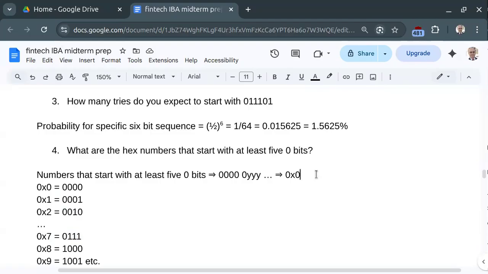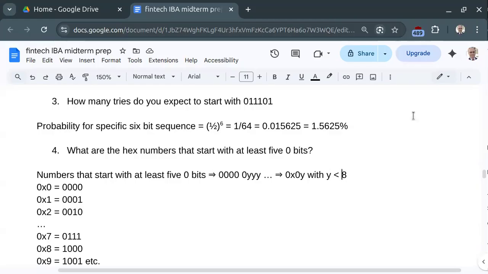So your hexadecimal needs to start with a 0. The first hex digit will be a 0. That's your first 4 bits. And the second digit, let's call it Y, needs to be less than 8. Any hex number which is less than 8 will do it.